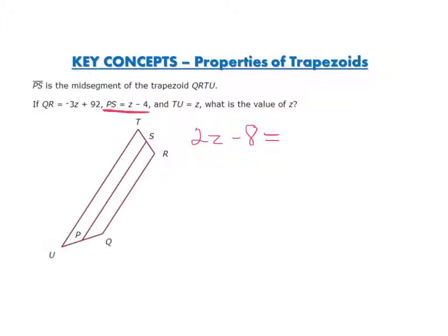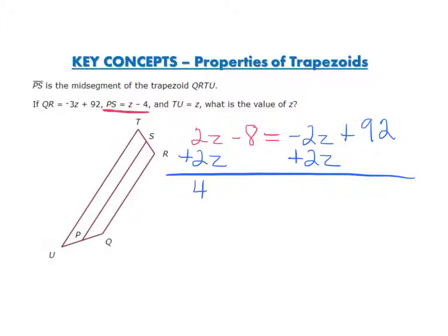So negative 3Z plus 1Z is negative 2Z. And all I have left over is the plus 92, because there's nothing to go with the Z. Negative 2Z is the smallest, so I'm going to add these 2Z to both sides.